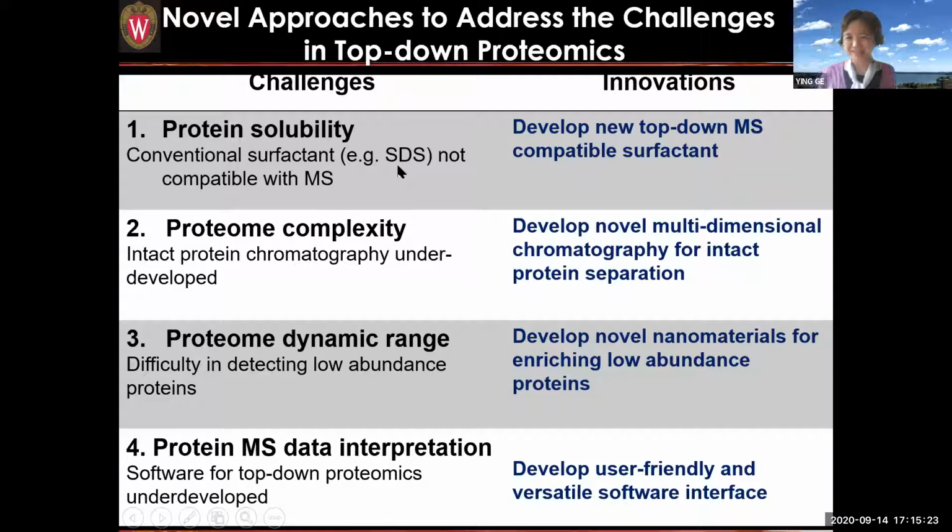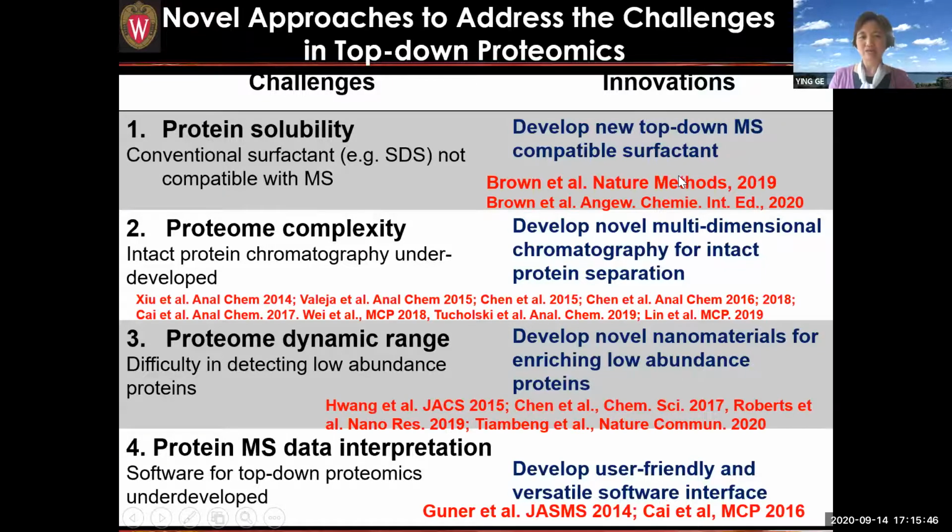Why? Because once you have any little trace of SDS or Triton or any of these conventional detergents or solvents, we get a beautiful spectrum of the surfactant, not your protein. So this means we cannot use these conventional surfactants. So we are developing new top-down MS-compatible surfactants in the lab. And we do have some success recently.